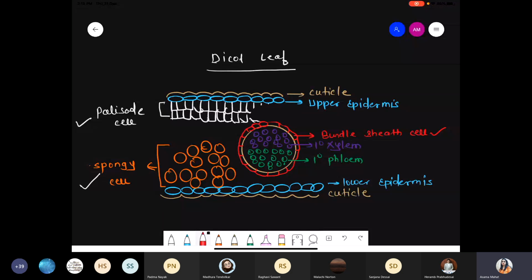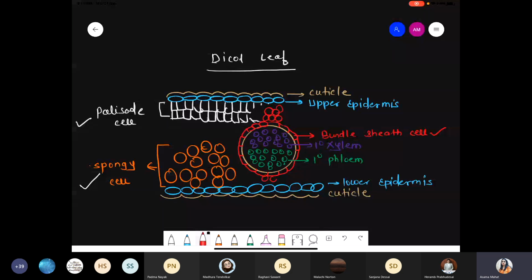When you compare this with monocot, there may be a single layer or more than one layer. Here we draw only a single layer, because in the dicot generally a single layer of bundle sheath is present. But sometimes in the case of the monocot, the bundle sheath cells show extension like this.